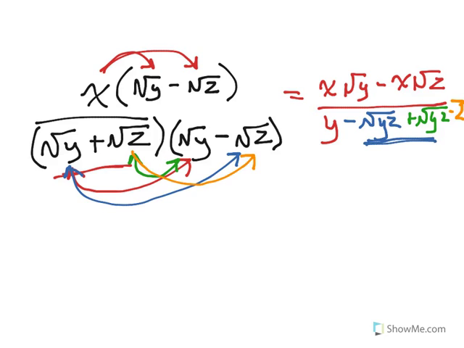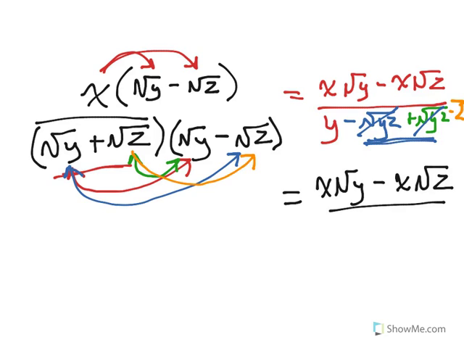Negative square root yz plus square root yz cancels out, leaving us with x square root y minus x square root z all over y minus z.